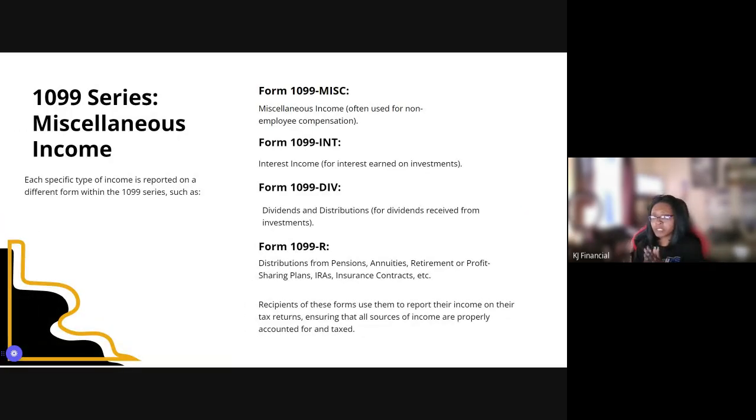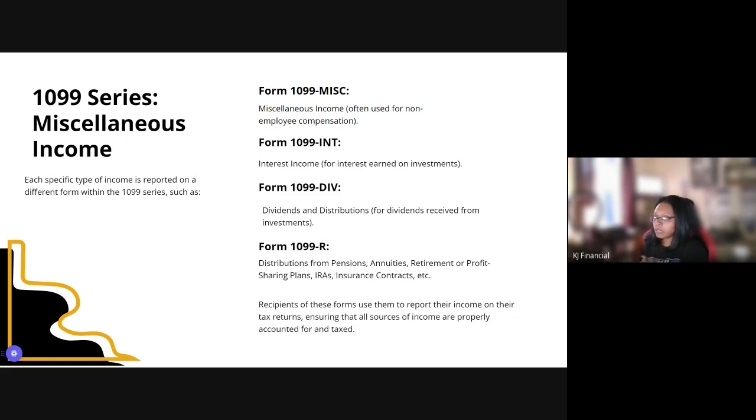All right, so you got your 1099 miscellaneous, which is often used for non-employee commission, which is what you all would get. You have your interest income. A lot of times your interest income will come from your banks. So if you have a savings account and your bank has been giving you interest for keeping a certain amount of money in your savings account, then you'll get this paper at the end of the year with your total saying what your interest was on the money that you've been saving.